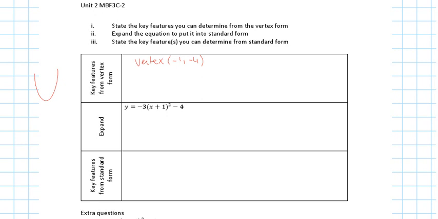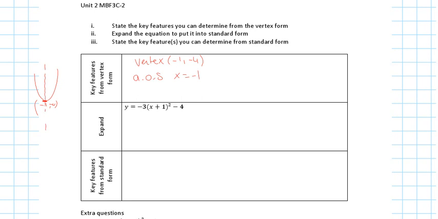What does the -1 and -4 represent? Okay, X and Y, but what else? I'm looking for axis of symmetry. Okay, so what's my axis of symmetry? X equals -1. So the axis of symmetry is X equals -1, right? Remember that the axis of symmetry passes through the X value of the vertex.